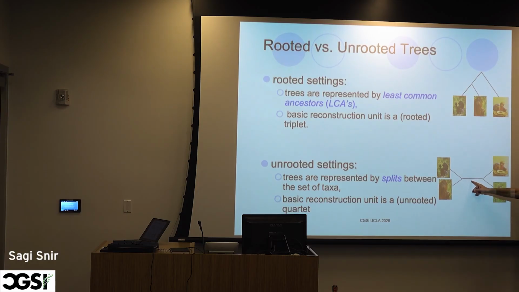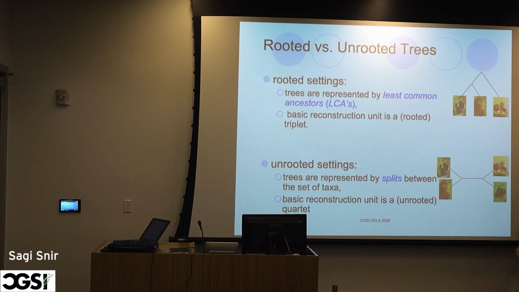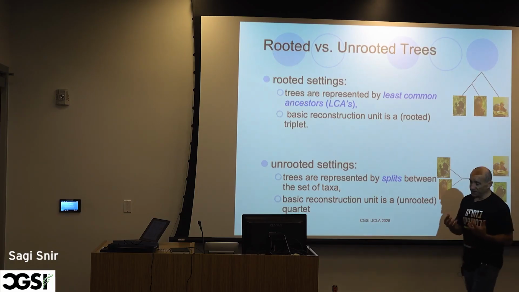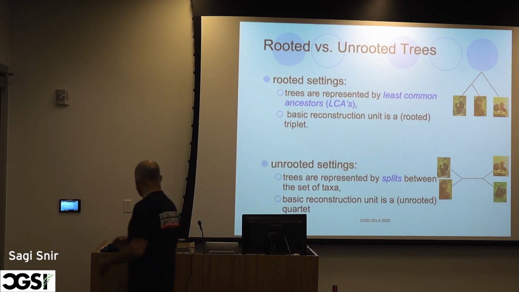They can be very, very far apart, but they are separated from these others. We will see some very non-intuitive examples, which makes this whole field of the unrooted setting very hard.